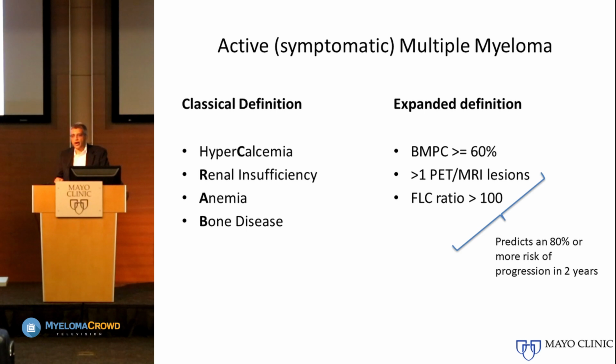If you do a bone marrow biopsy and you find that there are lots and lots of plasma cells, over 60%, we are fairly sure that, even though in the past we used to call these people as having smoldering multiple myeloma, now we know those patients would have myeloma develop very soon. So now we don't wait anymore to start treatment. Similarly, the free light chain, or if you have something on the MRI scan.